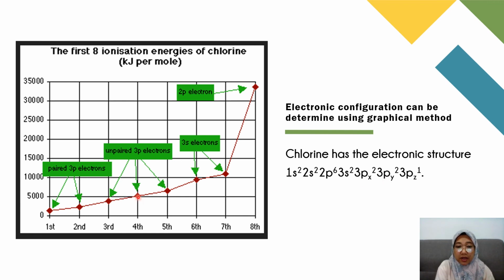Ni unpaired elektron ada 3. Daripada unpaired elektron dah habis, baru kita keluarkan daripada 3s elektron. 3s elektron masih lagi dalam shell yang sama, sebab tu perbezaan dia tak jauh. Compare dengan p elektron, sangat jauh perbezaannya, menunjukkan ada perubahan shell.